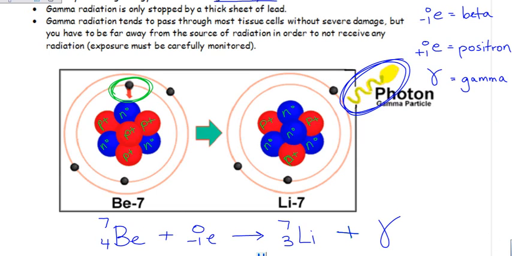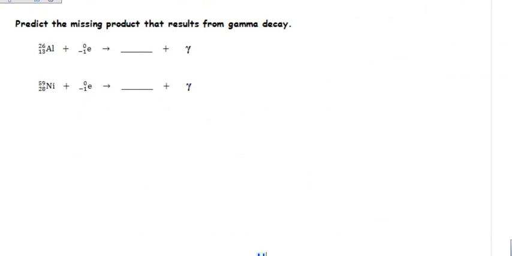Other examples might look like this. Let's see what we got. Fill in the missing particle. I know this is gamma decay because you'll see this crazy looking symbol. That's gamma. Gamma radiation. All right, let's see what we got here. The mass should stay the same. 26 plus 0 is 26.